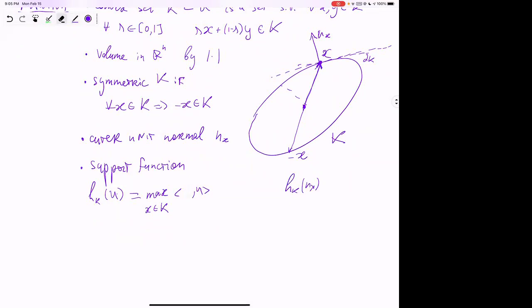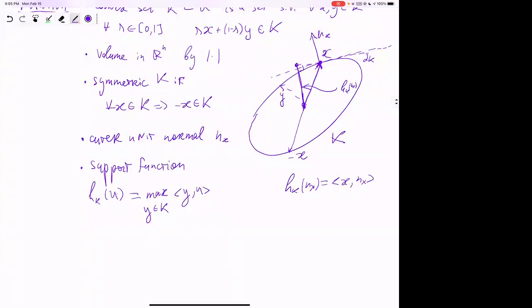Here maybe I should put y, just so that I don't confuse you, right? So we look at the maximum over y, the best one is this one, x, and the scalar product is the projection of x onto n_x, so it's like this length. So h_K(n_x) is nothing but the scalar product of x with n_x. It's the distance from the origin to the hyperplane that's orthogonal to this vector.